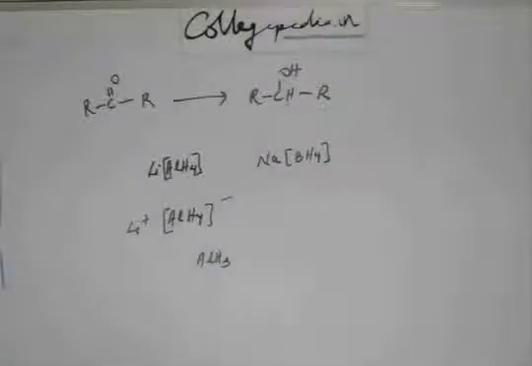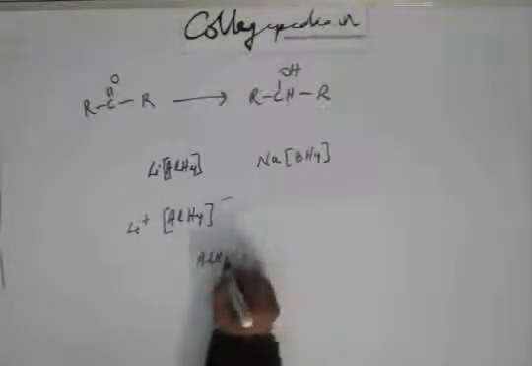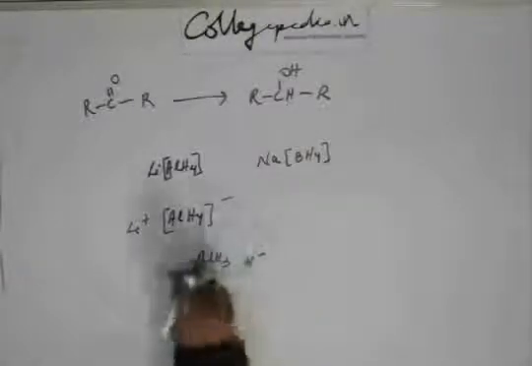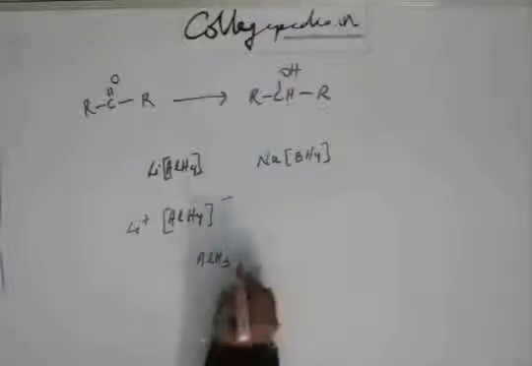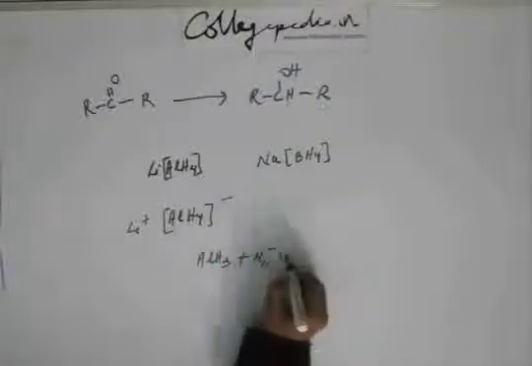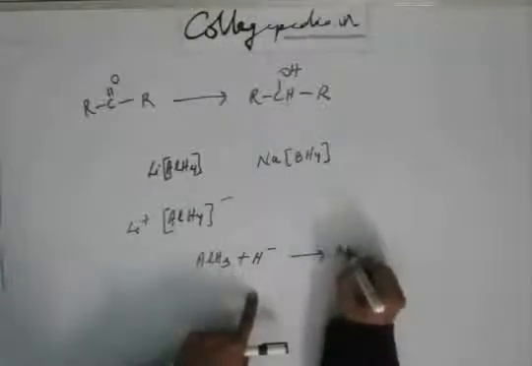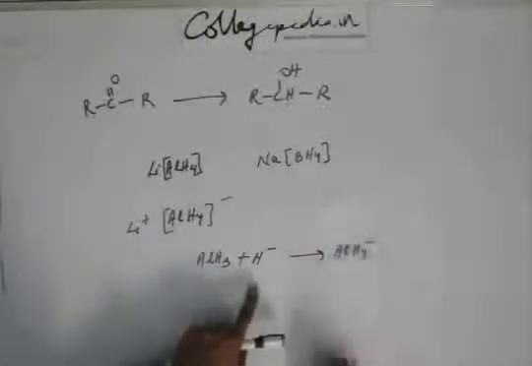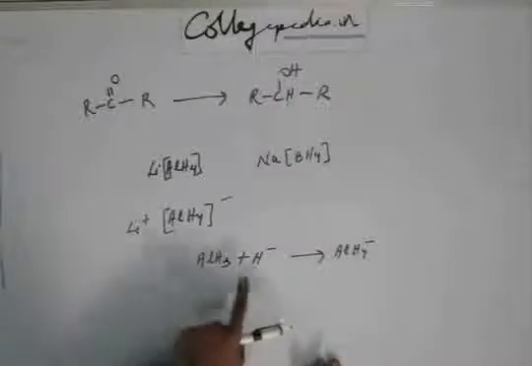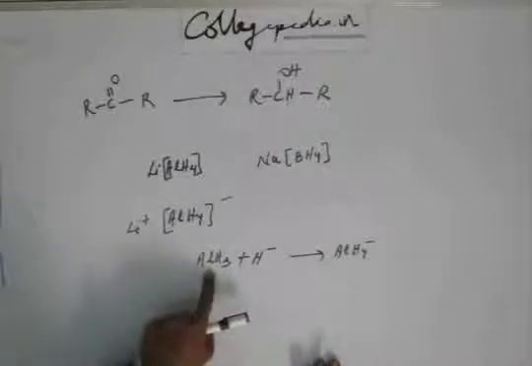Aluminium has a 3p orbital empty. In that 3p orbital, if a hydride is there in the system, it forms a complex. Aluminium hydride plus one more hydride gives you AlH4 minus. This happens when the hydride puts its electron into the empty 3p orbital of aluminium.